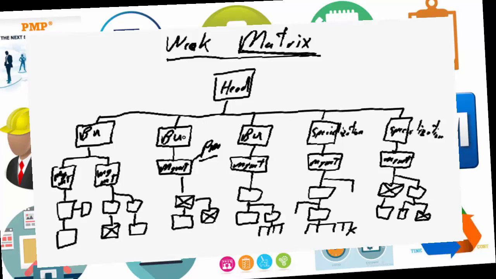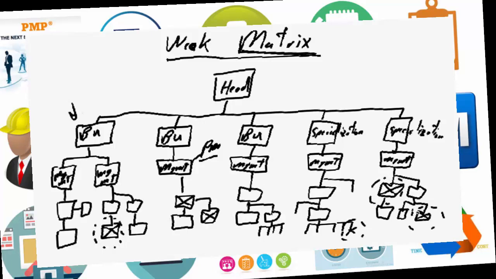So in a weak matrix, you have the project manager represented as part of the existing management structure for the business unit. Some, and often a considerable number of the project team members come directly from the business unit, but other team members are going to come from other business units.